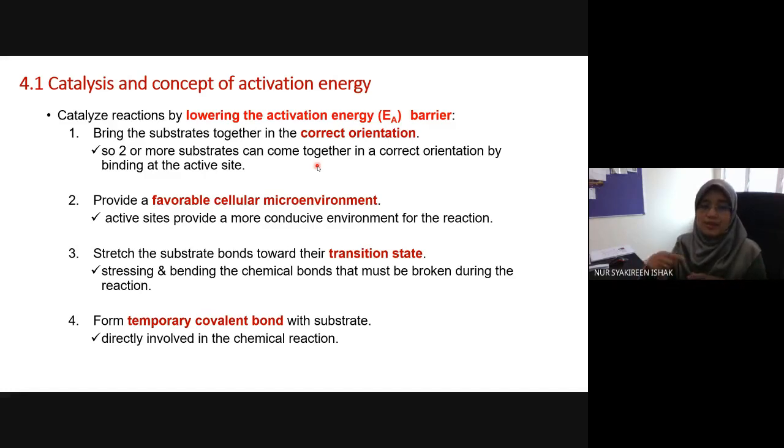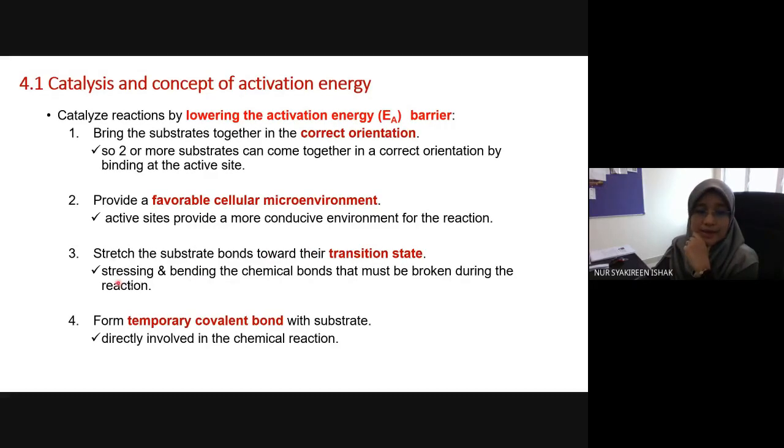Once they are oriented correctly, then the chemical reaction can occur. And then second, provide a favorable microenvironment. What I mean is that the active site will provide a more conducive environment for the reaction.